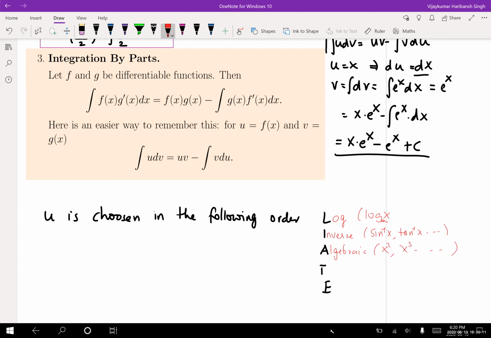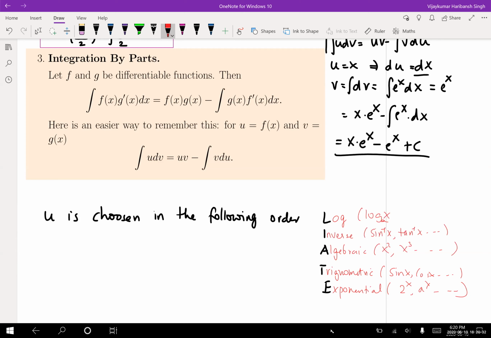T stands for trigonometric, like sine, cosine, etc. And E stands for exponential, like 2 to the x, a to the x, and so on. Okay, so this is the order in which you choose u. Now note that there is no hard and fast rule about this.